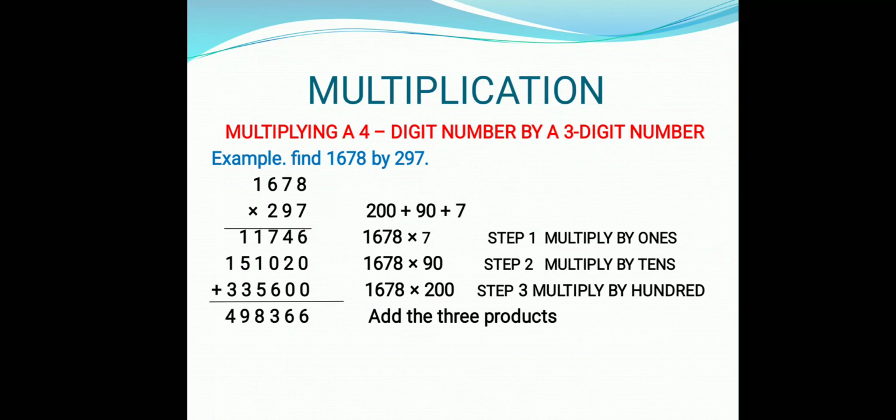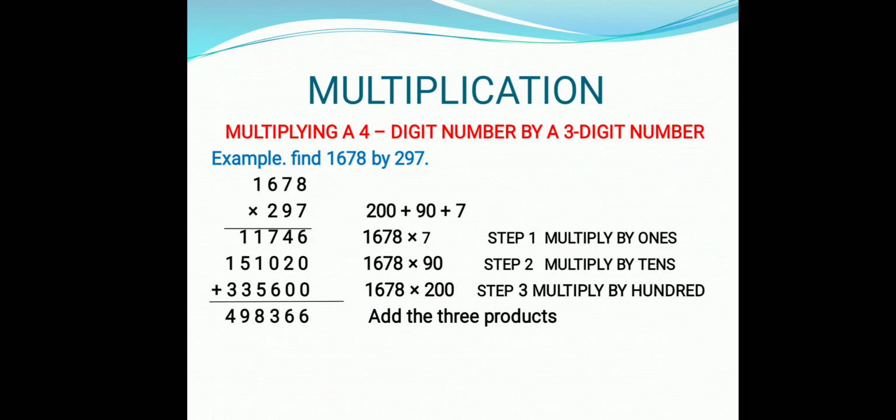The sum becomes 47. 7 will be written in hundreds column and 4 to be carried over. 7 into 1 is equal to 7. Add 4 which was carried over. The sum becomes 11. From 11, 1 will be written in thousands column and another 1 will be written in 10,000s column.